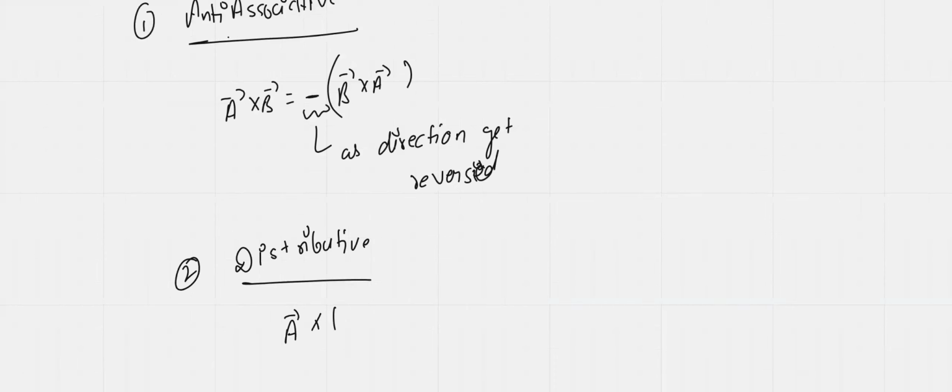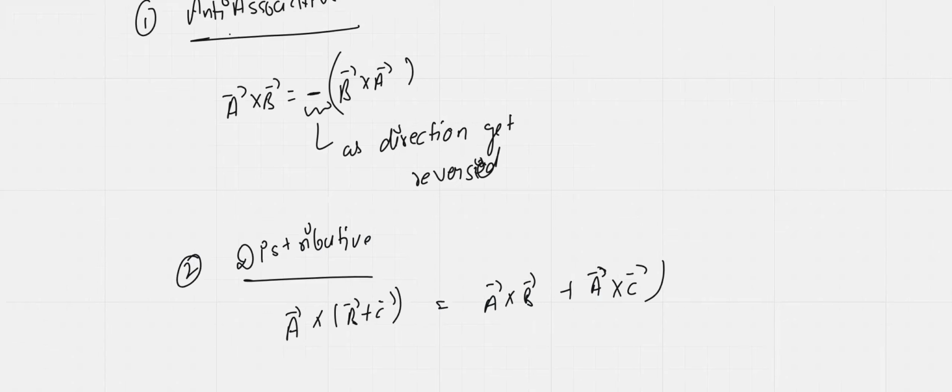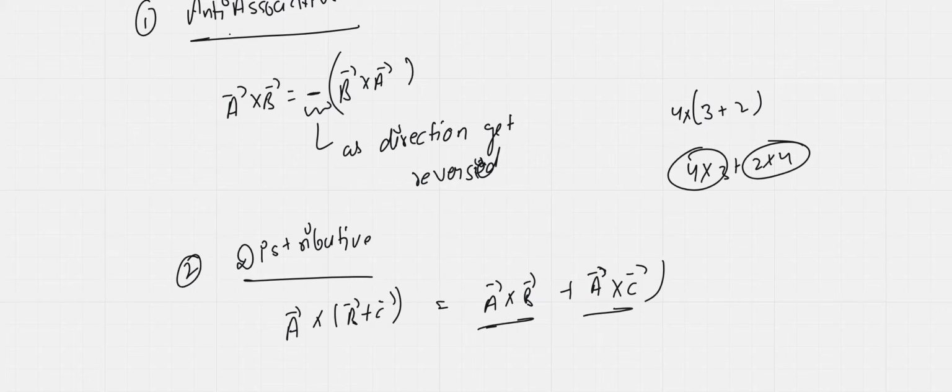A cross (B plus C) can be written as A cross B plus A cross C. But here you can't reverse the order, like writing B cross A and C cross A. In general mathematics, we write 4 into (3 plus 2) as 4 into 3 plus 4 into 2, because we don't have to care about directions. Here the magnitude will be the same, but the direction gets reversed if you do this. So you have to take care of it.